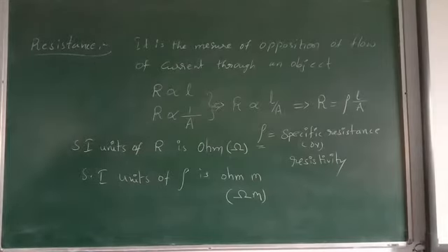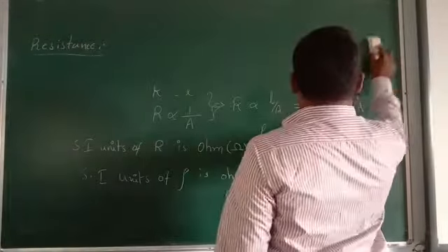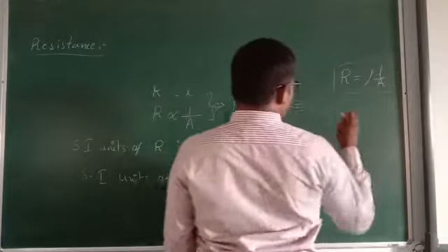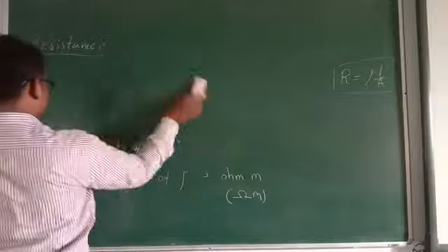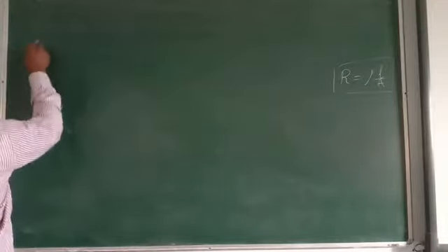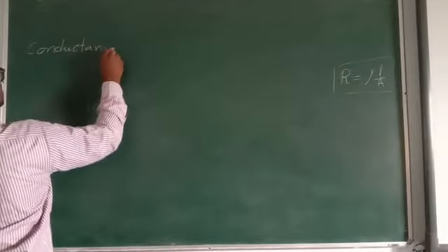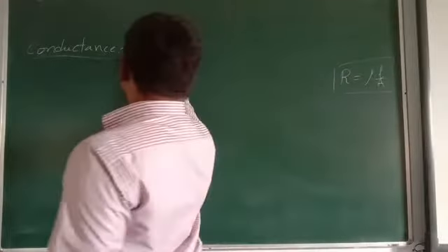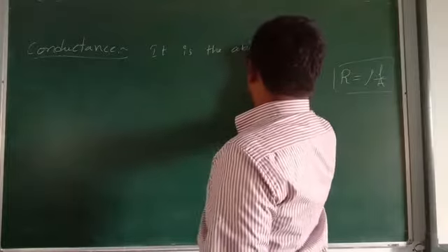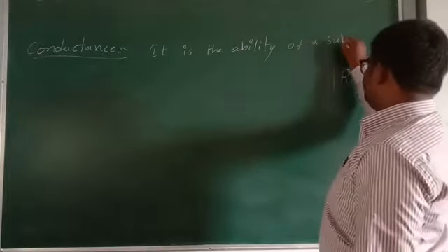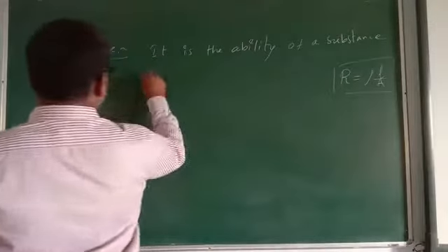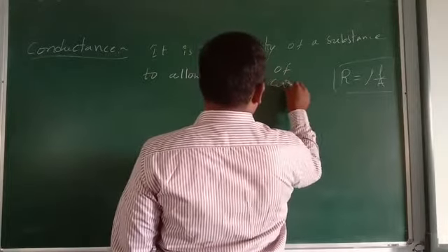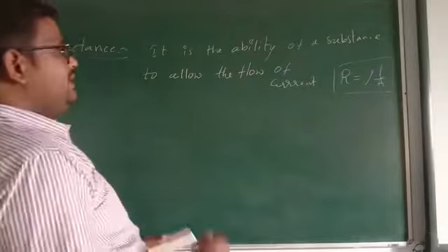So the next definition is conductance. What is conductance? First, remember this formula: R equals rho into L by A. Conductance can be defined as the ability of a substance to allow the flow of electric current.